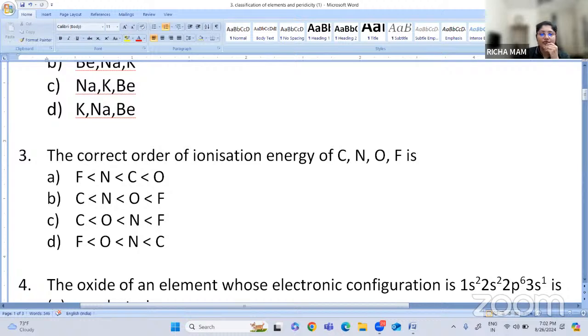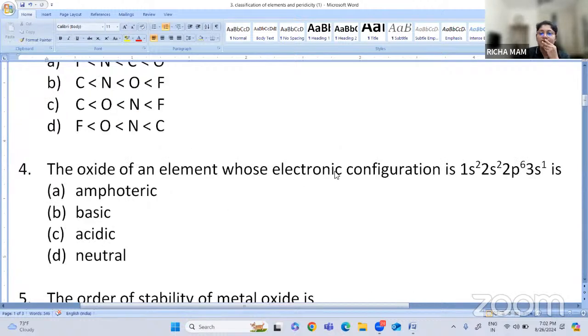The oxide of an element whose electronic configuration is 1s2, 2s2, 2p6, and 3s1 is. So, which is the oxide of this element? Let us see which is this: 1s2, 2s2, 2p6, and 3s1, that is 11 electrons. 11 is of which element? It is sodium. So you have to tell which oxide is formed.